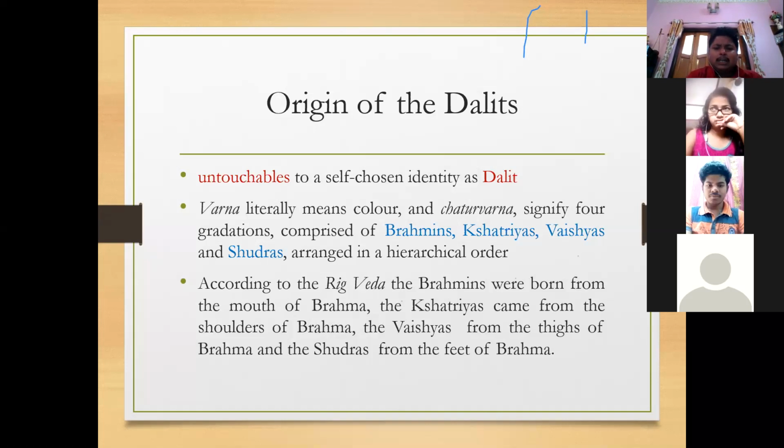So what we see is that the lower caste, the Shudras, are believed to have taken their birth from the feet of Brahma. So they are traditionally regarded as the lowest part of the caste system. This is how the Dalits come into our society.